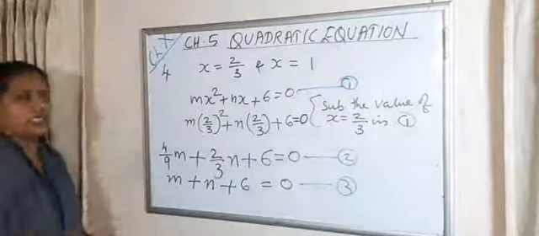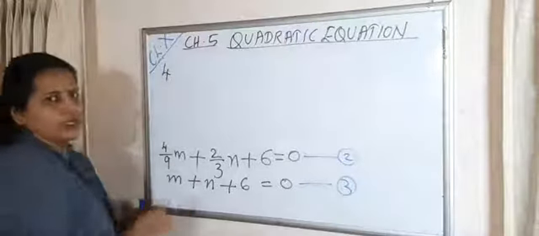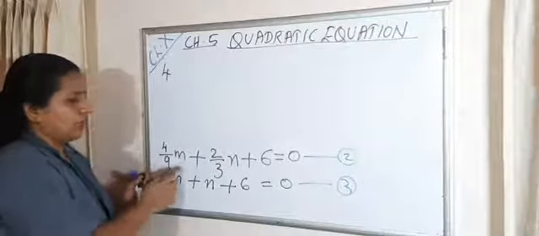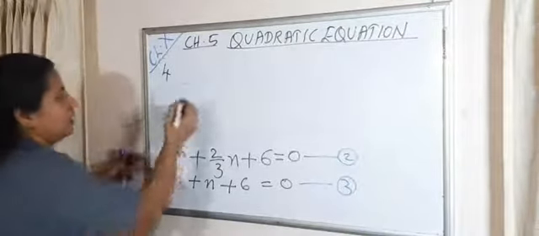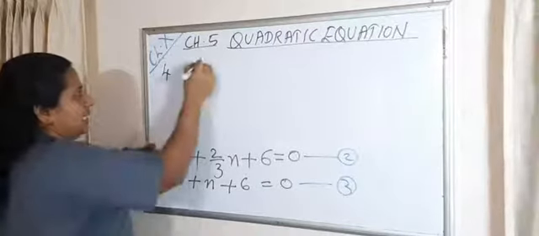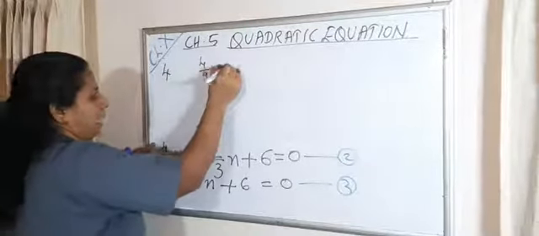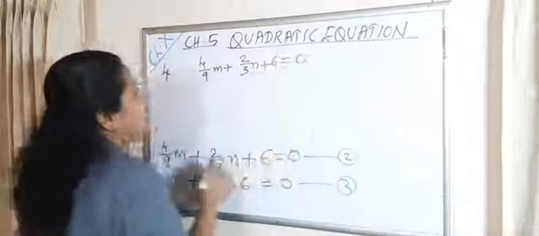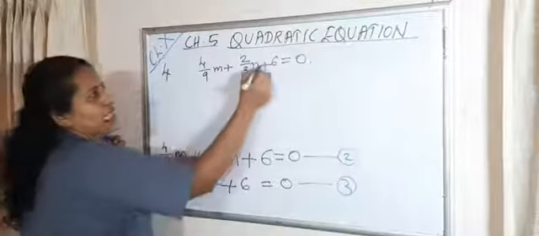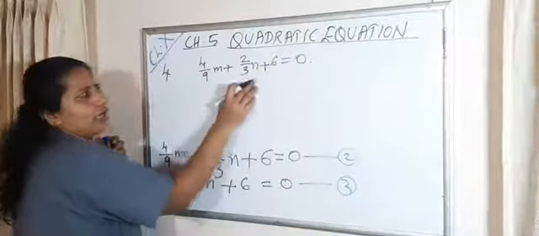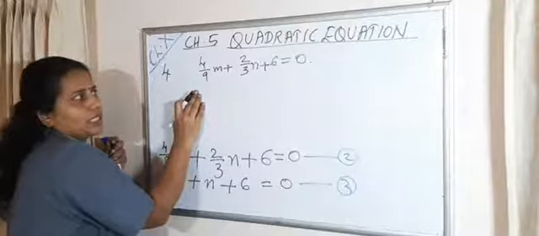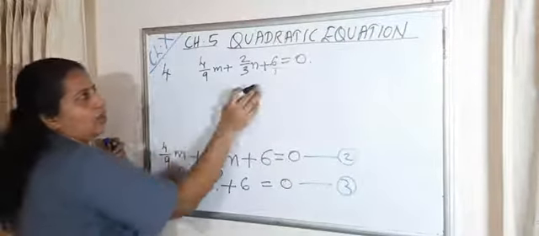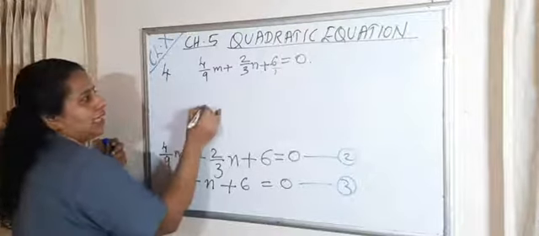Okay, write down this one first. Now consider these two equations, and we have to find out the value of m and n. That is 4 by 9 m plus 2 by 3 n plus 6 is equal to 0. First, remove the denominators from this equation. That is, find the LCM. The LCM of these numbers is 9 itself.